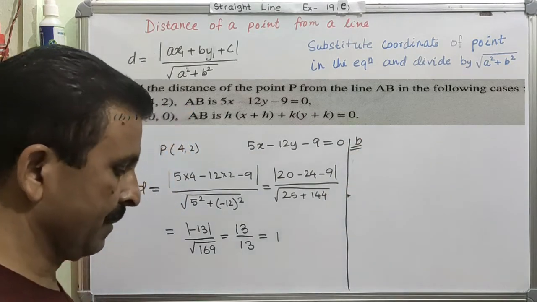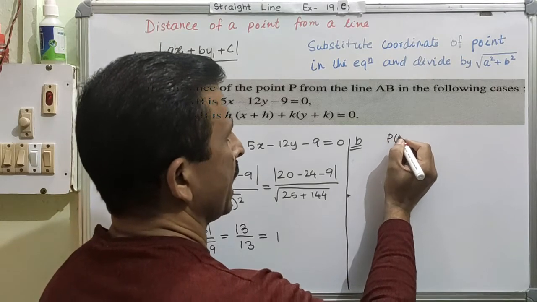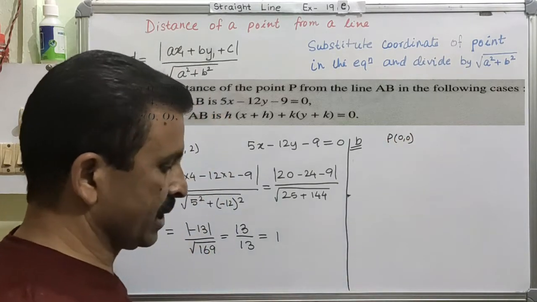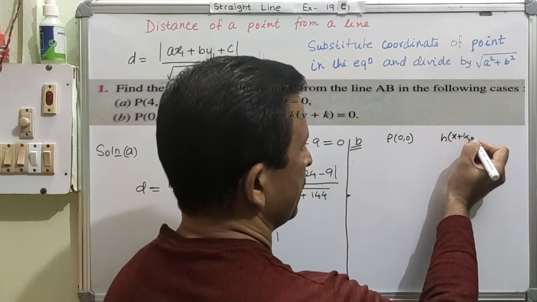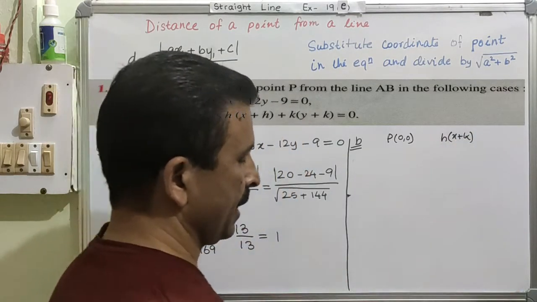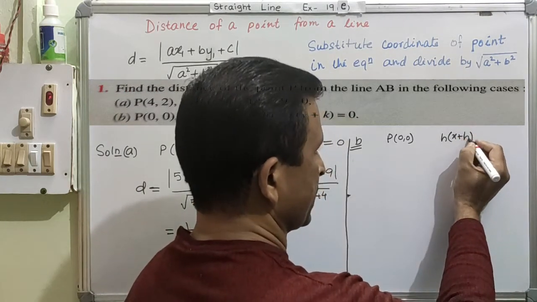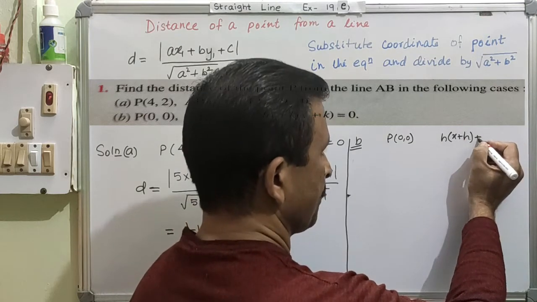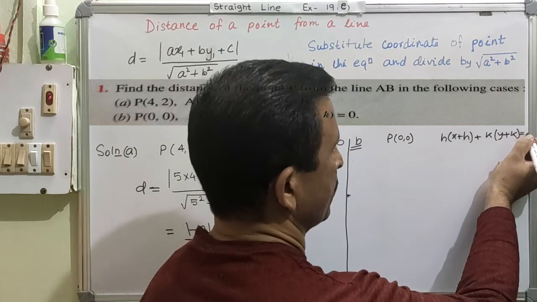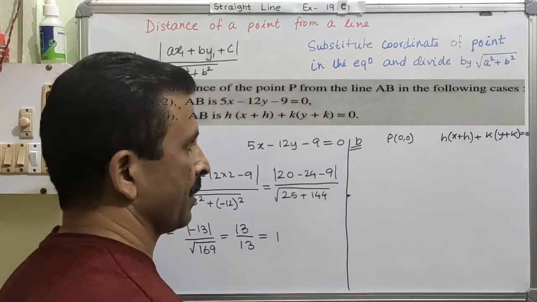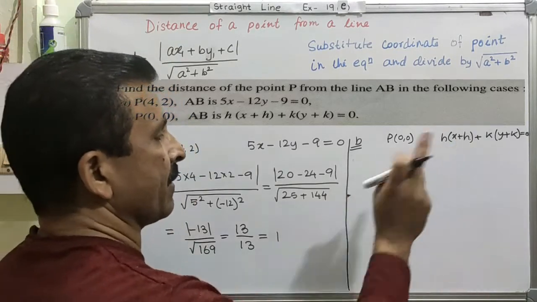Here we have the coordinate of the point as (0, 0), and the equation of the line is (h x + k)(x + h) ... (x + h + k)(y + k) = 0. So this is your equation. Now we have to find the perpendicular distance of this point from the given line.